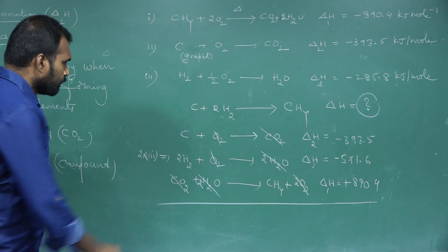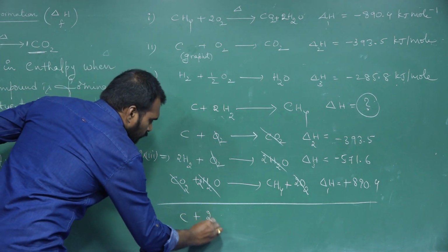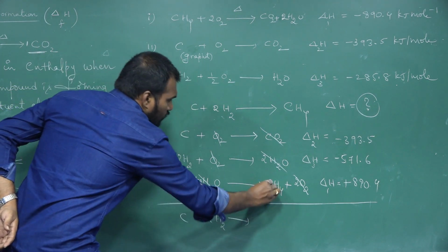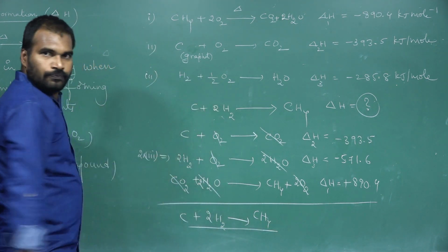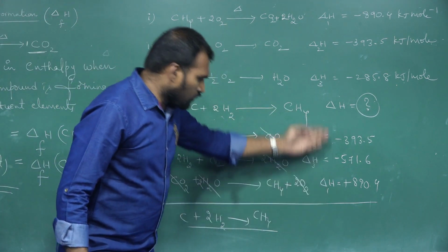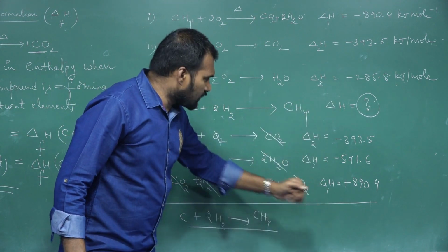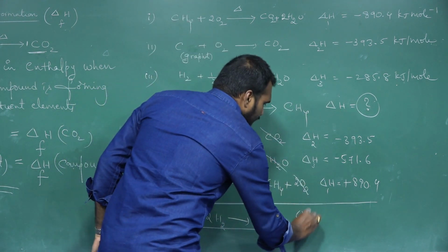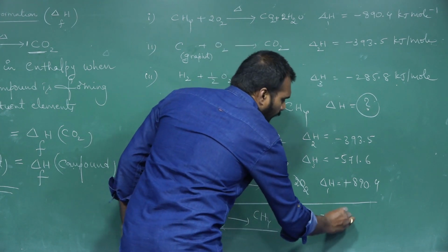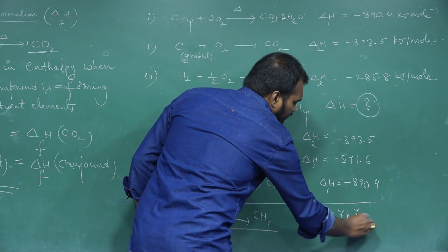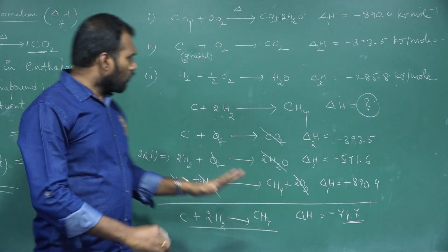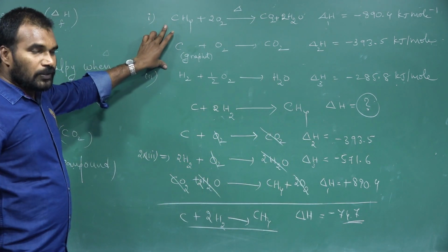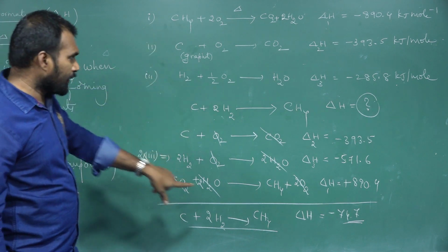So what is the remaining? C plus 2H2 gives rise to CH4. This is the original net reaction we want. So add these three values. If you add these three values, the net reaction del H value is equal to minus 74.7, nearly 74 kilojoules.